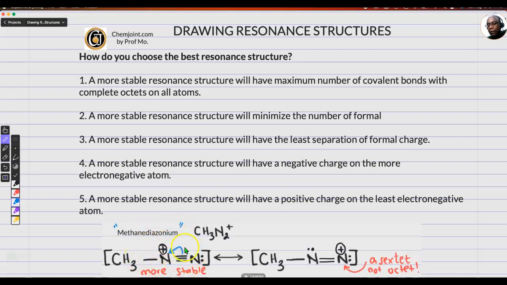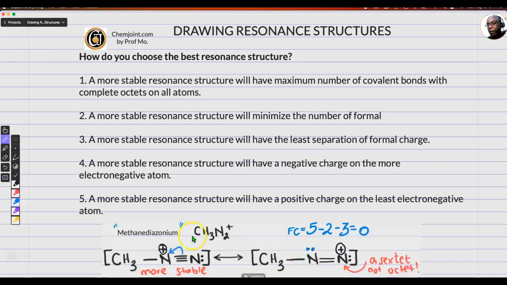This is one of the resonance structures. If we want to get the other one, we push towards the plus charge. One of the rules of drawing resonance structures is to push electrons towards the plus charge. If you do so, this nitrogen right here will have a lone pair. If you do the formal charge of that nitrogen, nitrogen is main group 5, valency of 5, 2 non-bonding electrons, and you subtract the 3 bonds, the answer becomes 0.